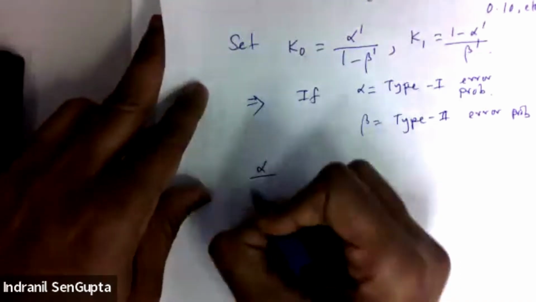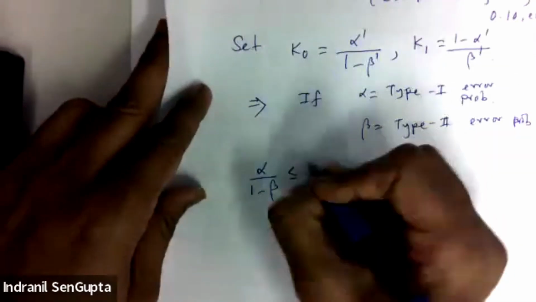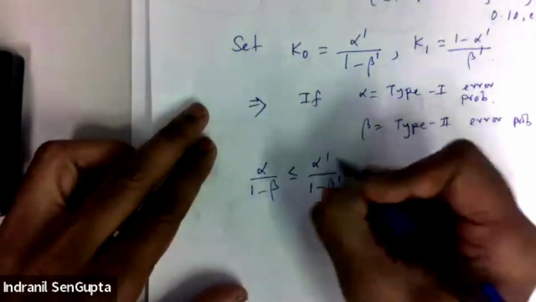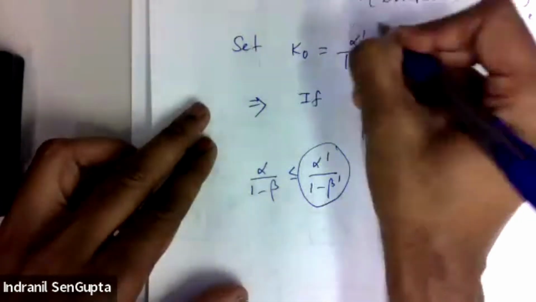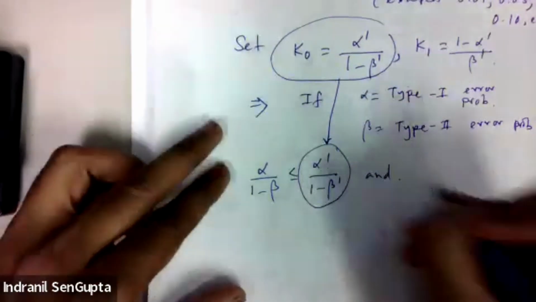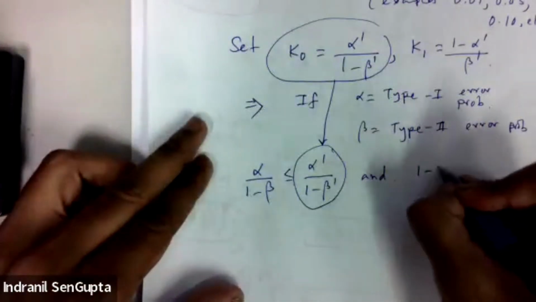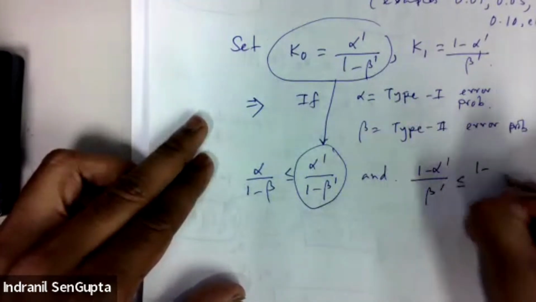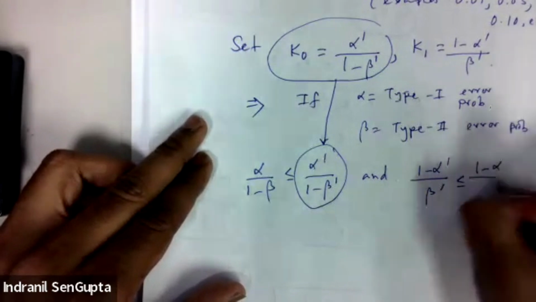So that means I have alpha over 1 minus beta is less than or equal to alpha prime over 1 minus beta prime. So this is from here. And 1 minus alpha prime over beta prime is bigger than 1 minus alpha over beta.